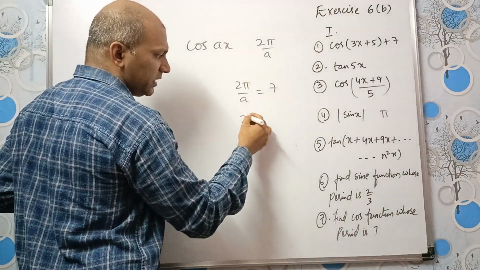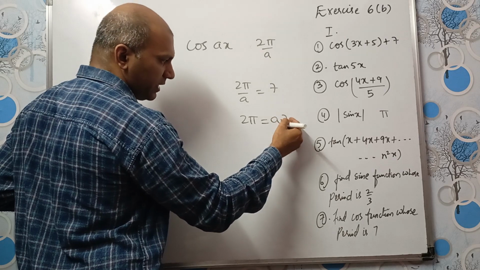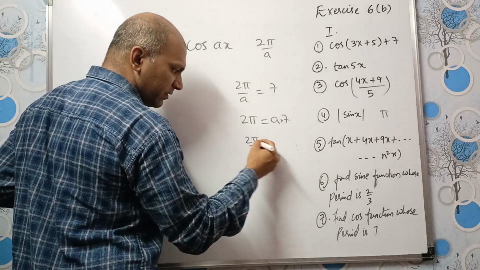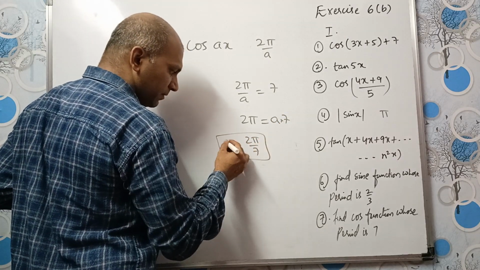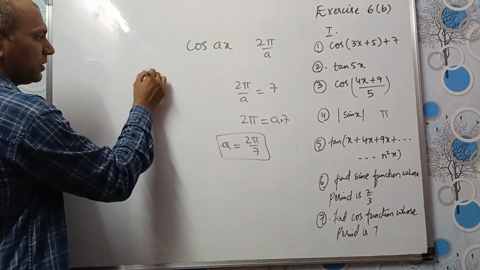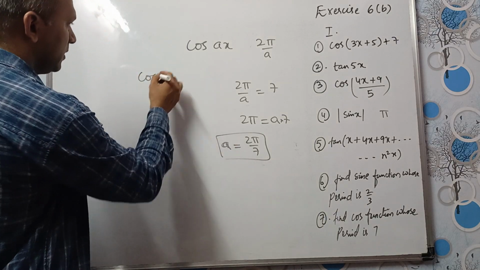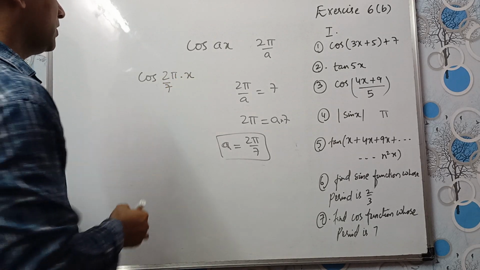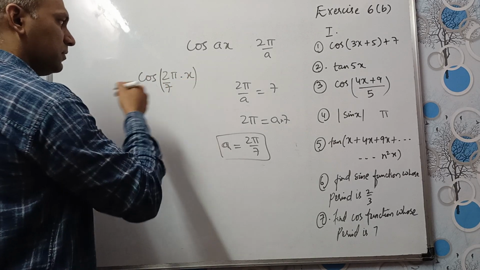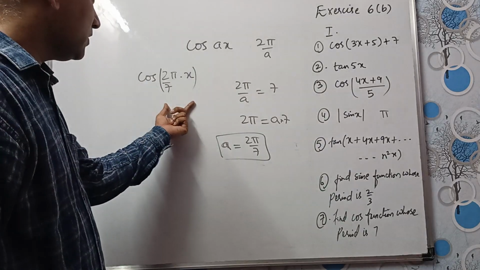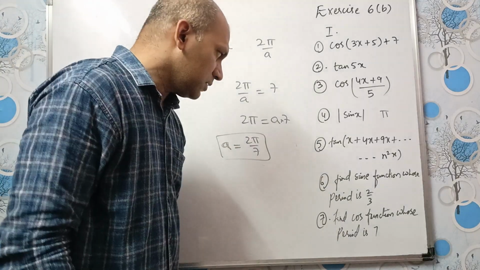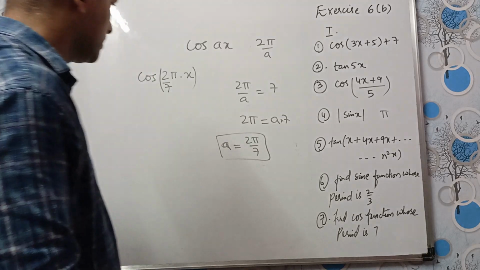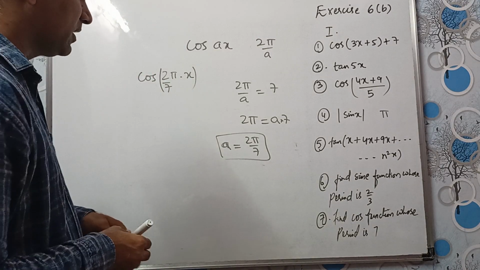A goes to the other side, it will become a into 7, and 7 comes this side. 2 pi by 7 will be the value of a. So cos, in place of a, 2 pi by 7 multiplied by x. This is the function whose period is 7. Alright. I hope this is clear.